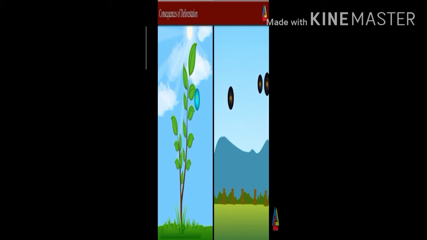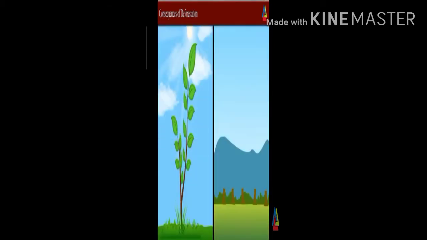Fewer trees would mean that less carbon dioxide will be used up, and thus its quantity will increase in the atmosphere. This will lead to global warming, as carbon dioxide traps the heat rays reflected by the earth. The increase in temperature on the earth disturbs the water cycle and reduces rainfall, resulting in droughts. Groundwater level also gets lowered.